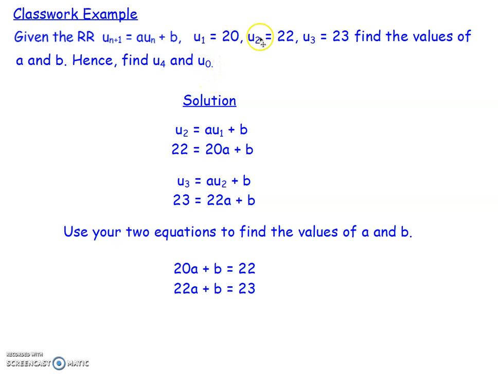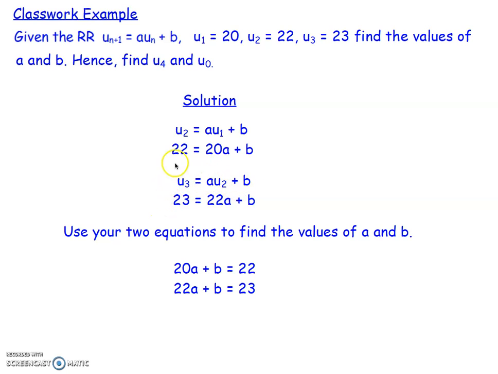So we've got u1, u2 and u3, so I can say that u2 equals a u1 plus b. u2 is 22, u1 is 20, so I can substitute those values in. So 22 equals 20a, we write it as 20a because it would be a bit sloppy to write the letter first, plus b. I can then do the same thing for u3 and u2. u3 equals a u2 plus b.